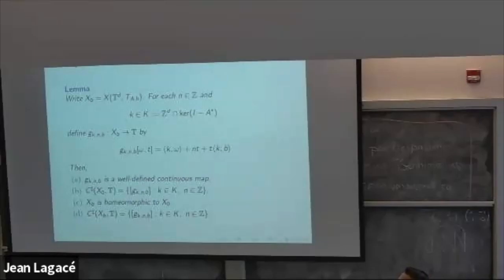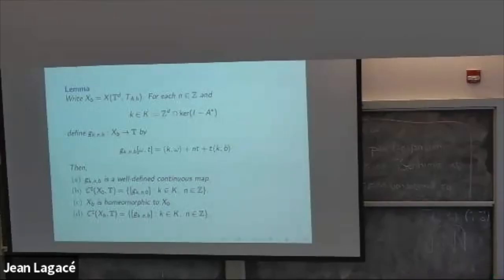You first do it for b equal to 0 and then somehow move from 0 to b. Okay, so let's discuss the case b equal to 0 first. You take any continuous function from X_0 to T, and you have to show that there is a k and an n and z, so that this continuous function that you start with is homotopic to this object here.